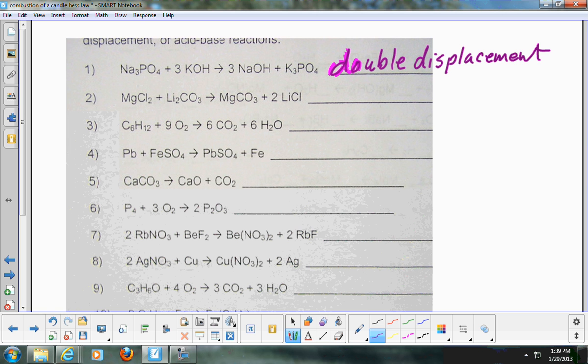What is number three? Combustion. I've got carbon compound plus oxygen, giving me CO2 and water. That's going to be combustion. Okay? Let's look at number four. Single, couple, new single. What type? Single displacement, good.